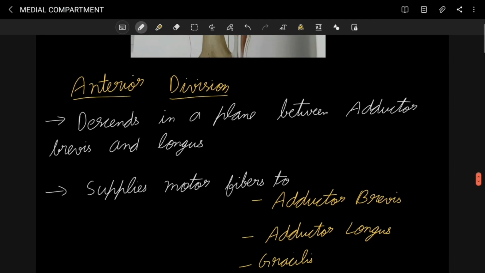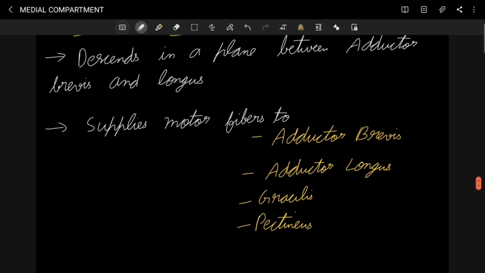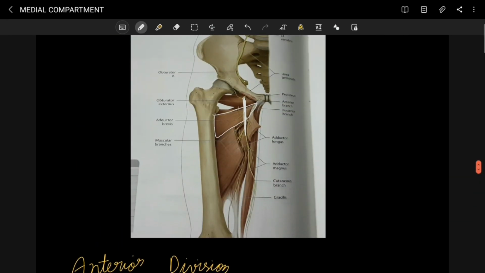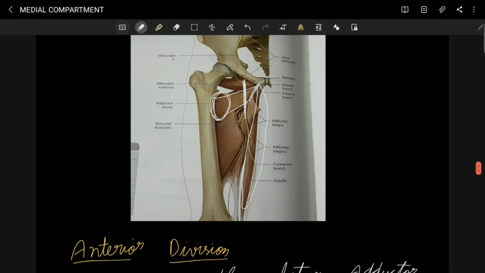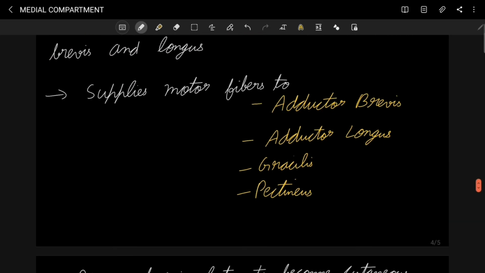The anterior division supplies the adductor brevis muscle, it supplies the gracilis muscle, and it supplies the adductor longus muscle, which in this case is dissected, which you can appreciate here.